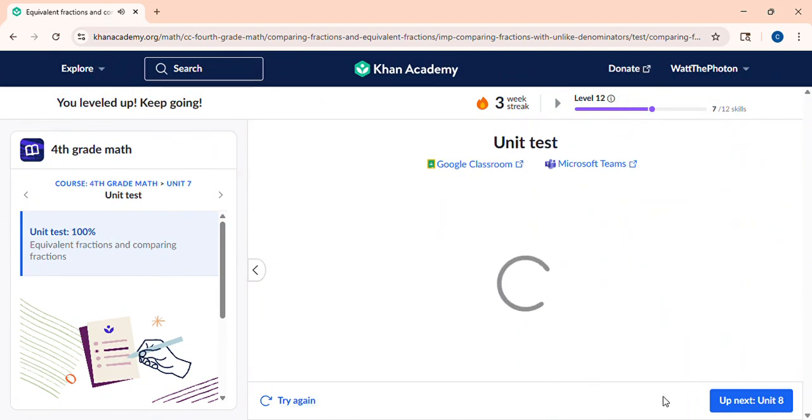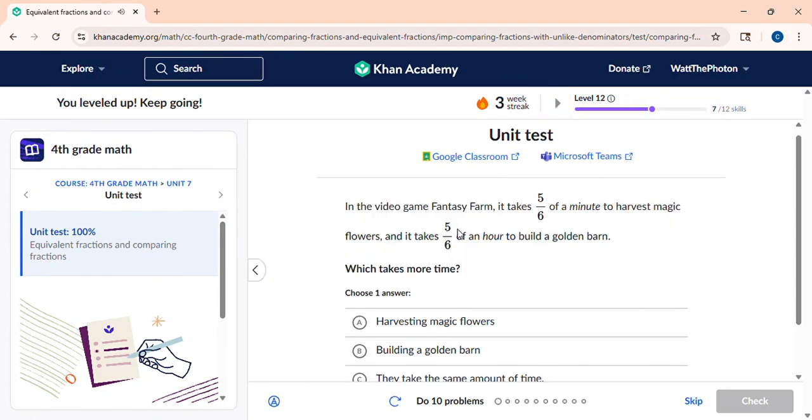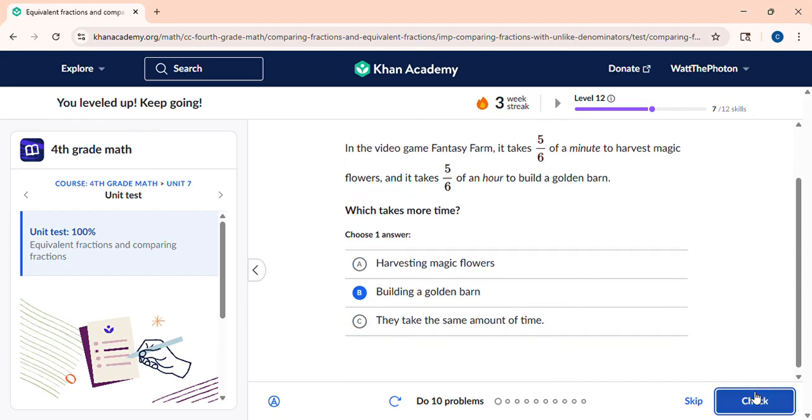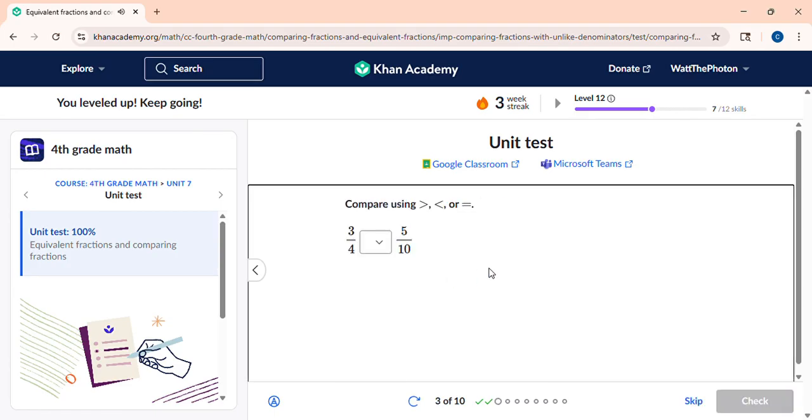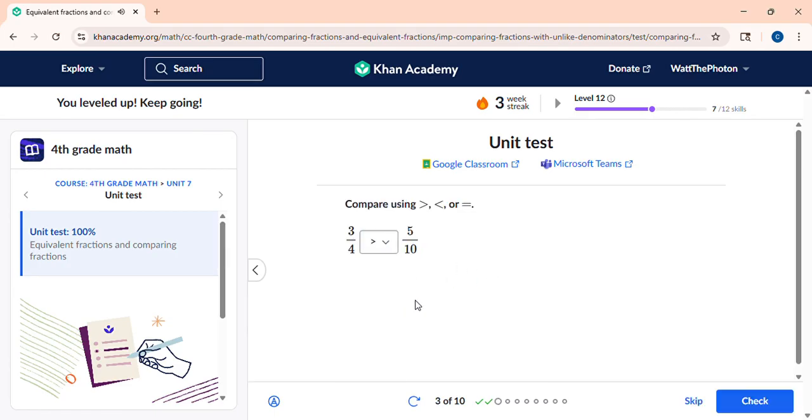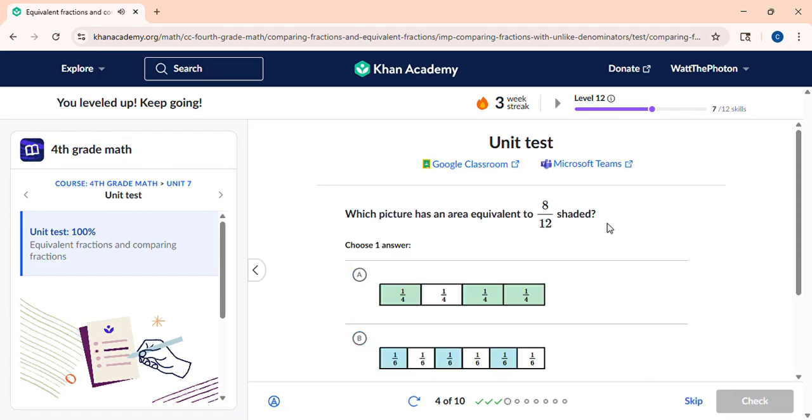So motivating. Let's go. And Fantasy Farmer takes 5/6 of a minute to harvest magic. Take 5/6 of an hour to build a golden barn. 3/4.